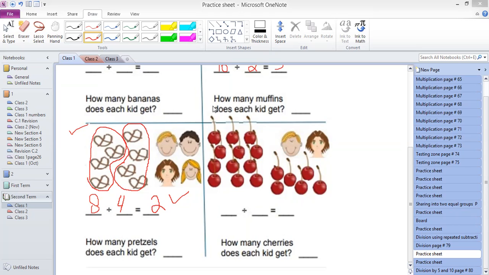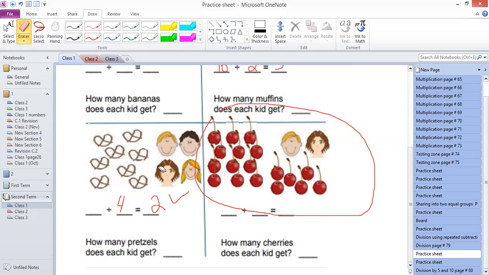And after Ghazi, we have Hamza Muhammad. Hamza Muhammad, divide these cherries into 2 kits. 18 divided by 2 equals 9. That's very good.